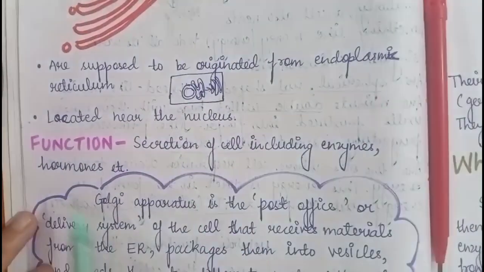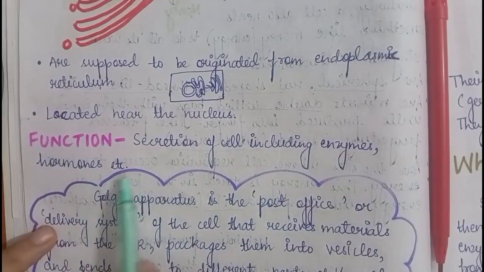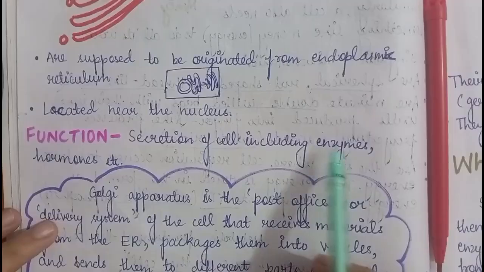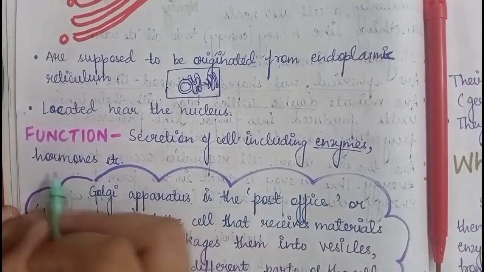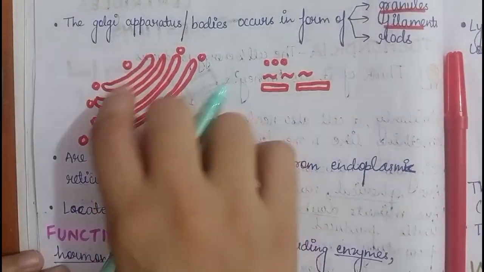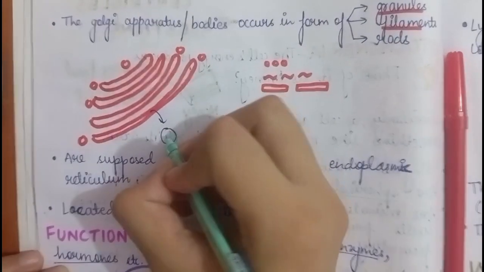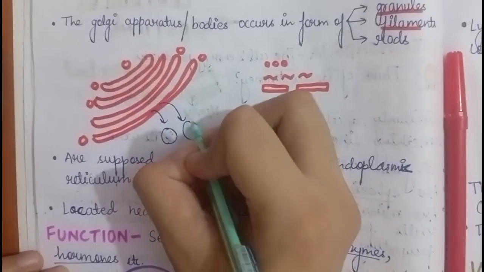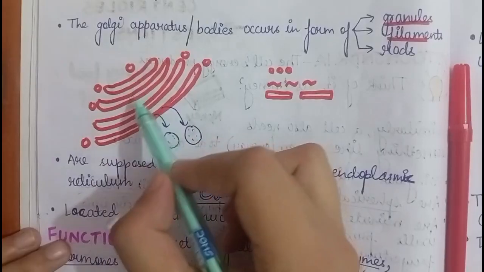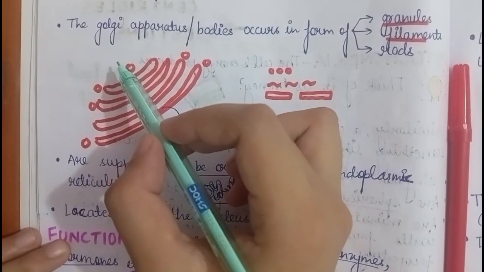Now let's see the function of the Golgi body. Secretion of cell products including enzymes, hormones, etc. Suppose this is our Golgi body. It will be responsible for secretion of various enzymes and hormones. Basically, this Golgi body is in close proximity with the endoplasmic reticulum.